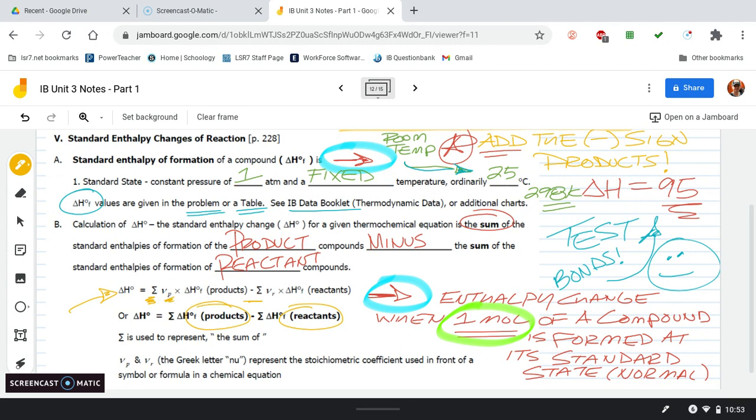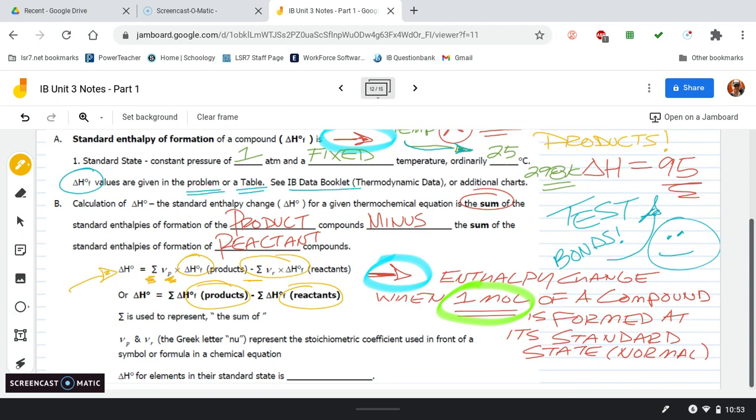This means we multiply times the coefficient, so if you have a 3, you multiply by 3, a 4, you multiply by 4, the delta H formation, and the same thing over here. So don't worry a lot about that formula. If you want to make sure you're doing it right, just remember products minus reactants.